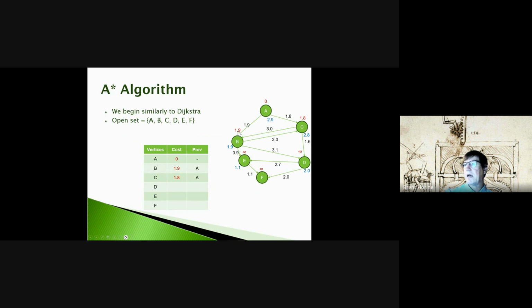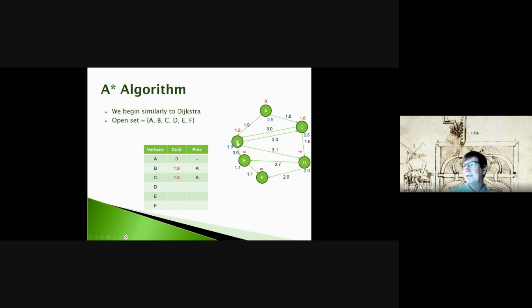So now I've still got infinity on these others. These blue numbers are my heuristic that specifies a distance from the current node directly to F, right? So I literally took a line and measured in PowerPoint.